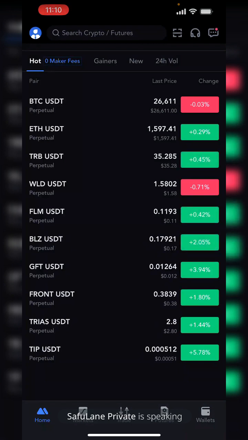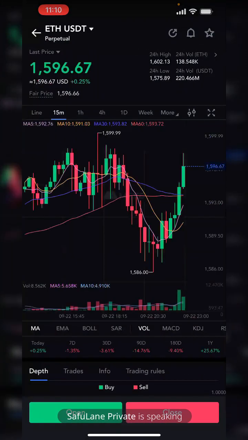The main thing to understand is that spot trading is trading on the spot, on the go, without the need to predict anything. You just feel like, okay, right now the Ethereum and USDT pair is around 1,596, this is a good time for me to buy. That is what is called spot trading.